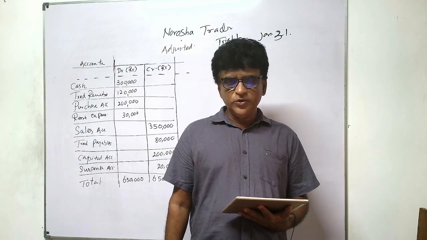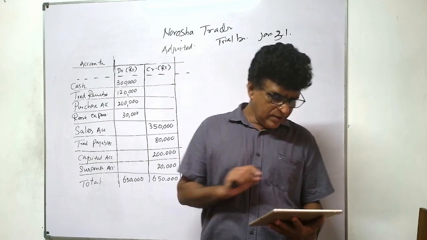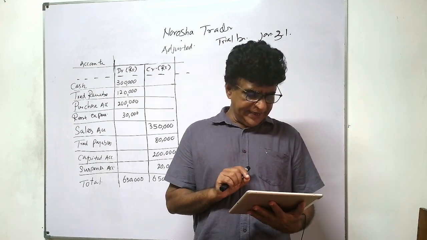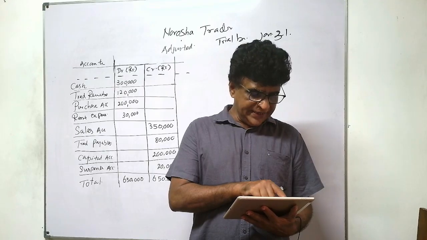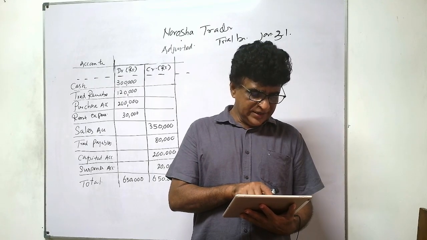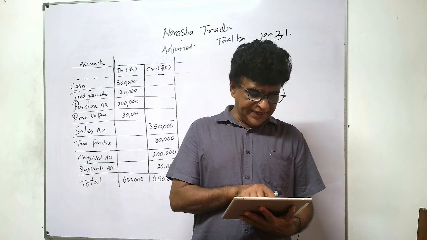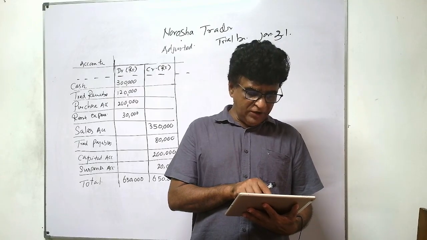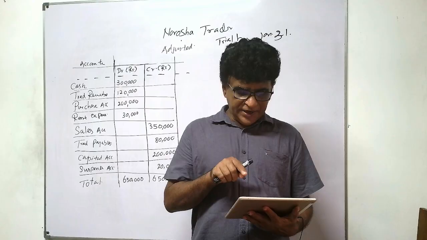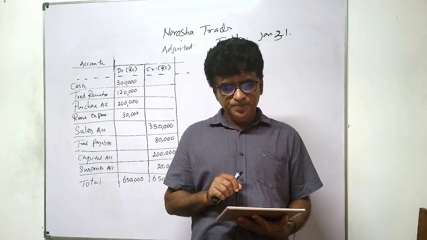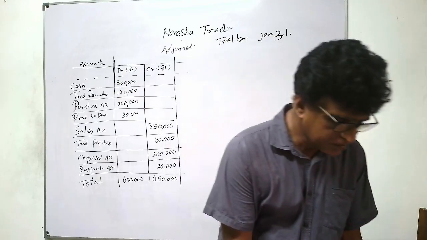Most probably those are genuine, right? First, we identify error corrections. One is a casting error. A credit sale of 50,000 was correctly debited to the receivables account, right? We'll write it here.